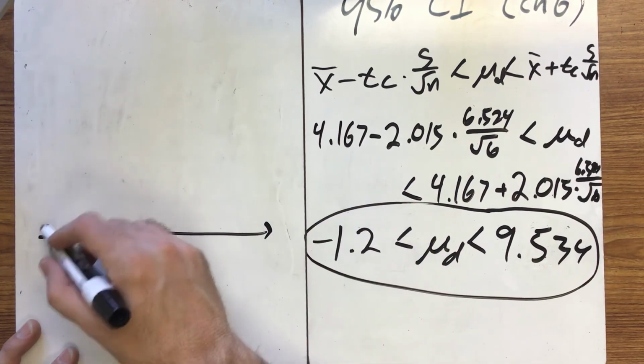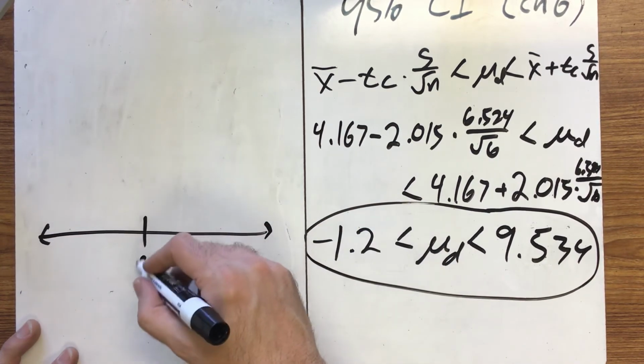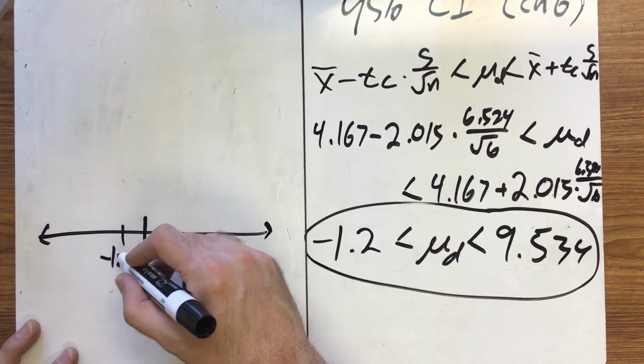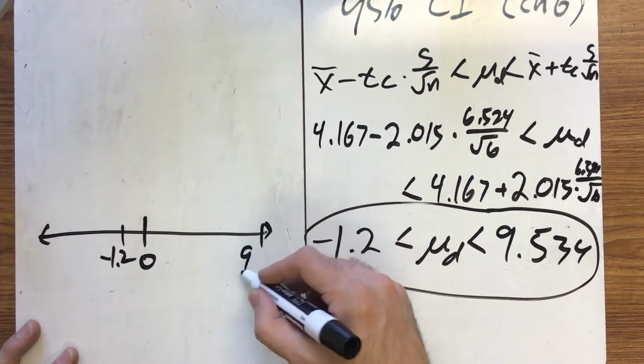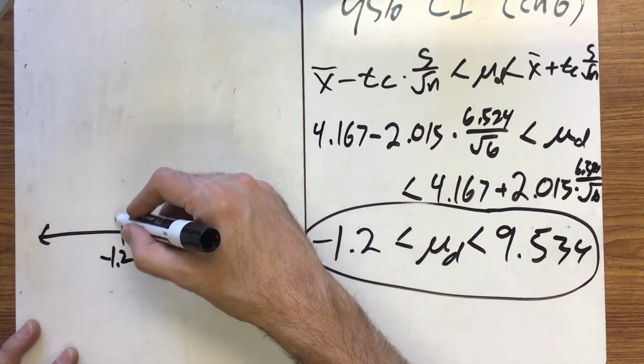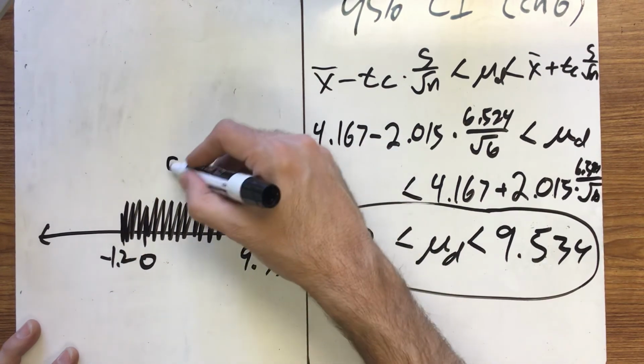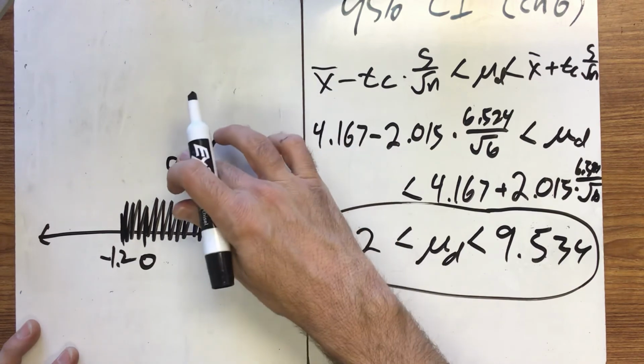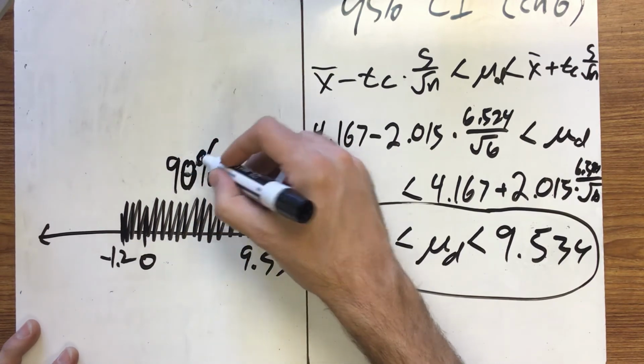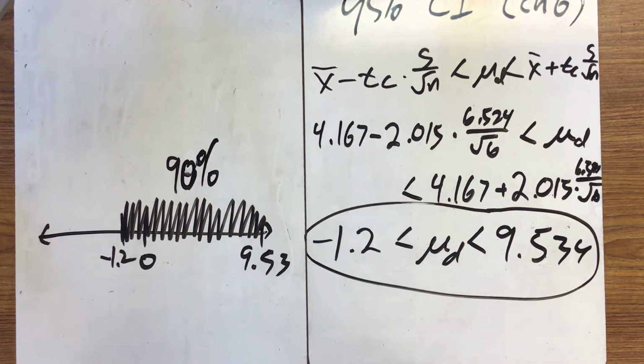So if I were to put a number line, if 0 is here, I've got negative 1.2 and then positive 9.53. So there's a 90% probability that the difference is somewhere in there.